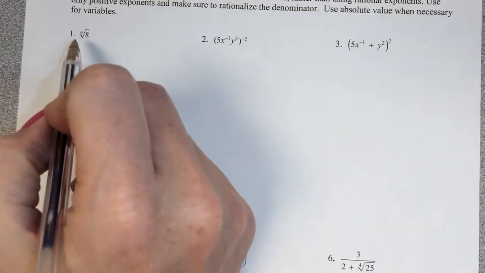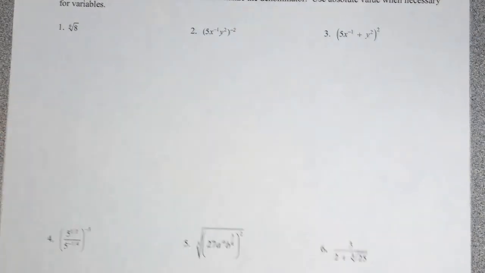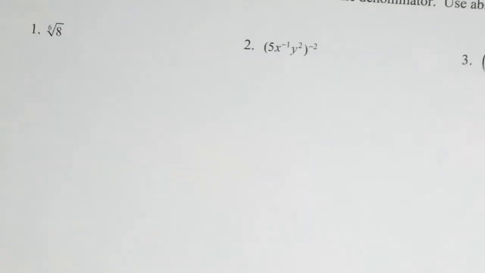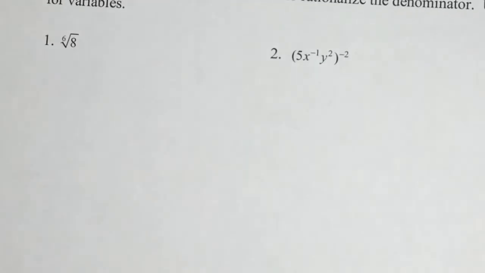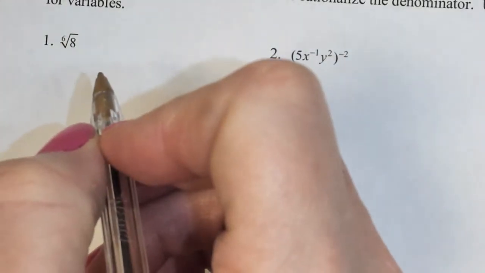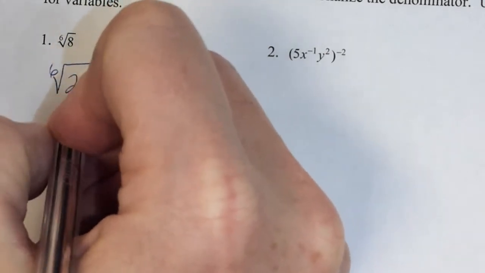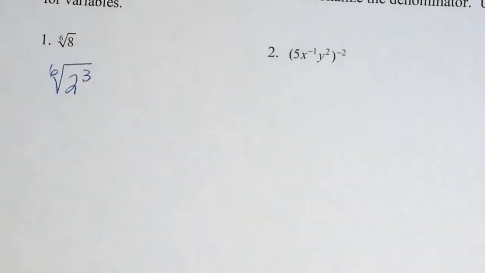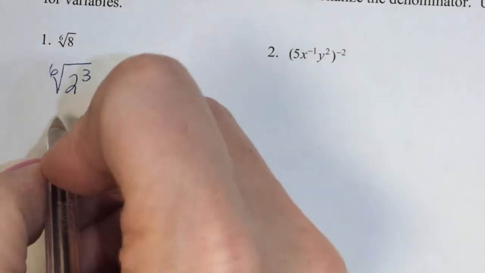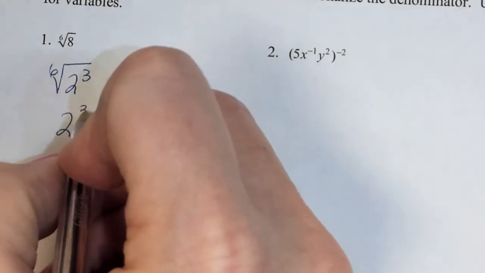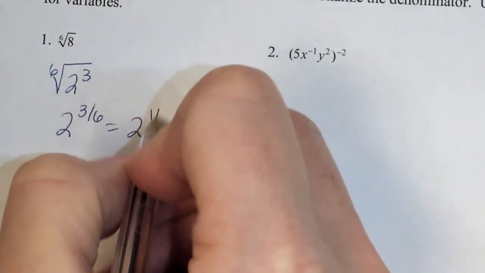All right, so starting with number 1, this one shouldn't be so bad for you. We're trying to do the 6th root of 8. Keegan, what would you do first? You do the 6th root of 2 cubed. Good. And I think 5 to the 1/2 power, which is rational.